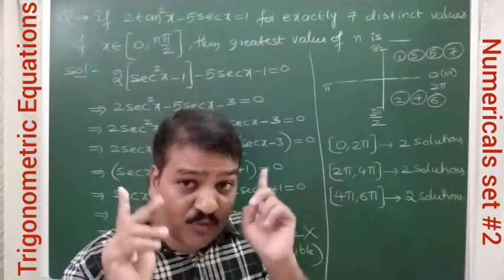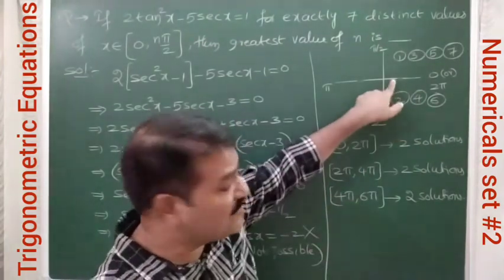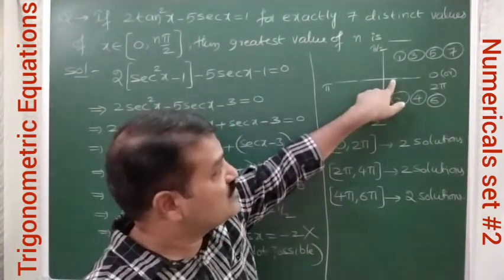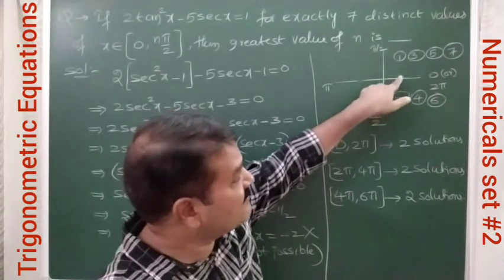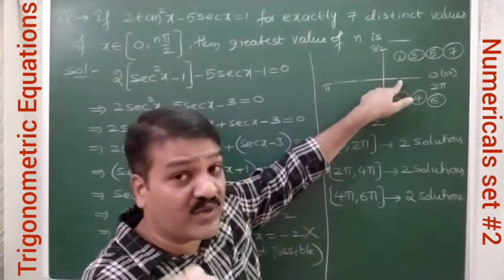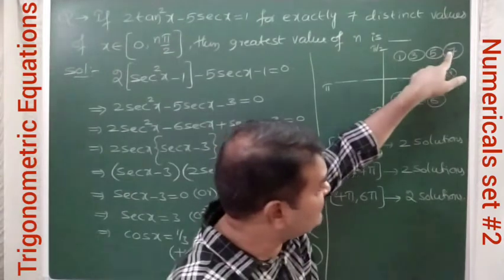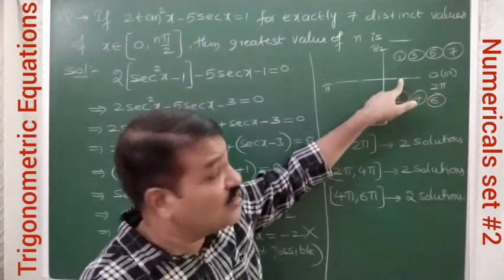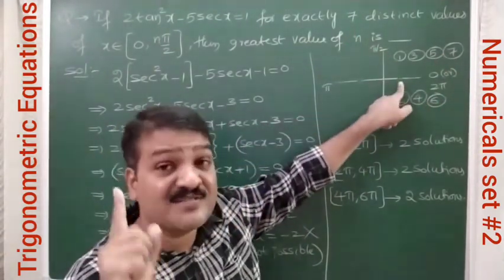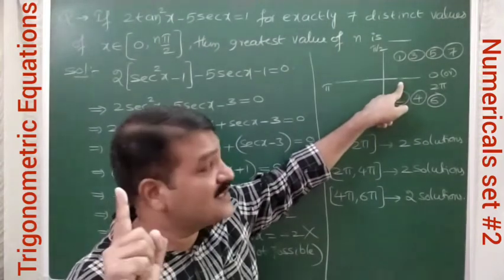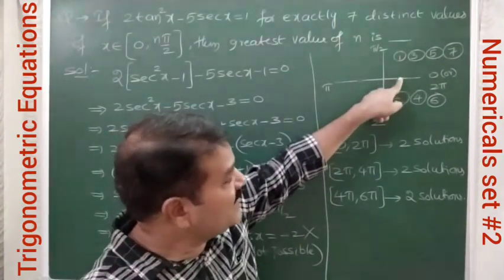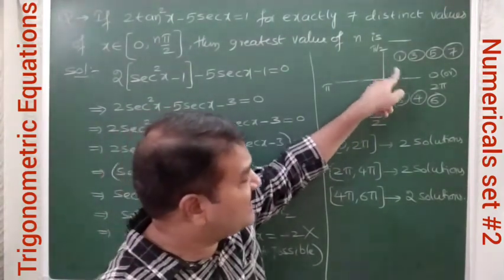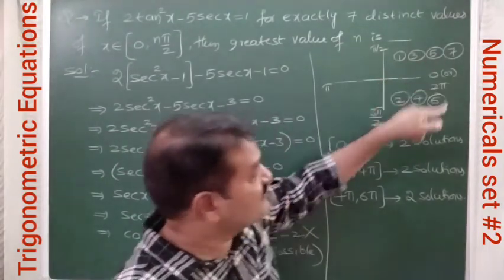Now we are starting the fourth cycle, so we have to start from here only, no? So in the fourth cycle, in the first quadrant we get one solution. That means seventh solution we got. Only 7 solutions must be there. Therefore, in the first quadrant we get the 7th solution.